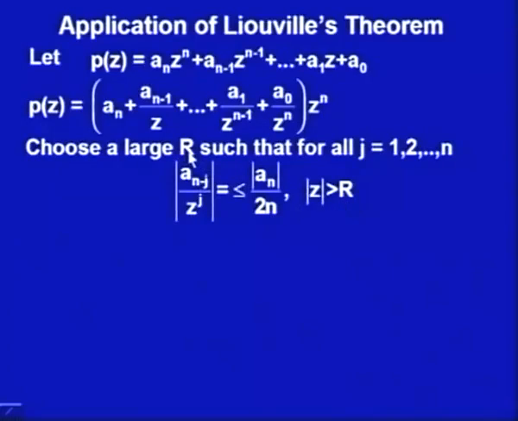So I am choosing a large r such that if |z| is greater than r, they are bounded by some number like this one. Of course, I chose a_n because I have taken that non-zero. This n you will find out, that is why I am choosing it a little later.